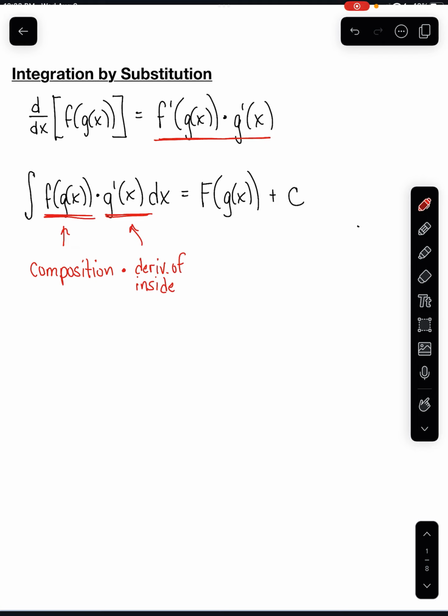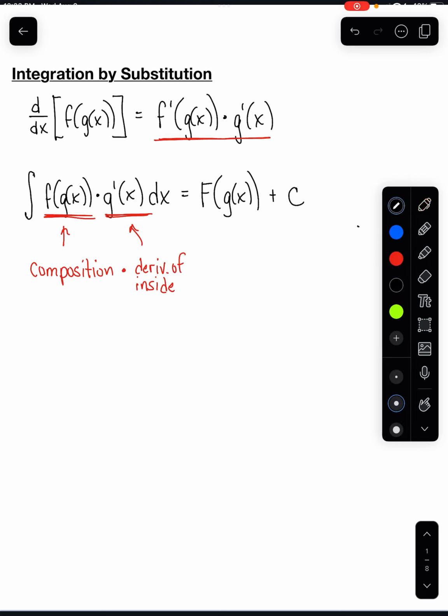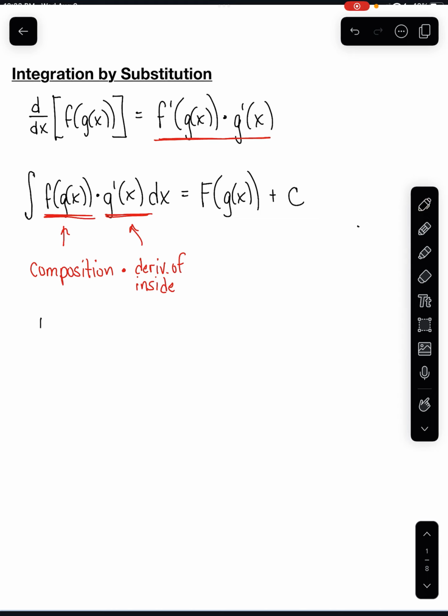Now, when we did the chain rule, we learned how to use a u substitution. Let u equal g of x. Take the inside function out, and that would allow us to differentiate the inside function, and separately from that, differentiate the outside function. It allowed us to treat this not as a composition, but as two separate functions and work with each of them individually.